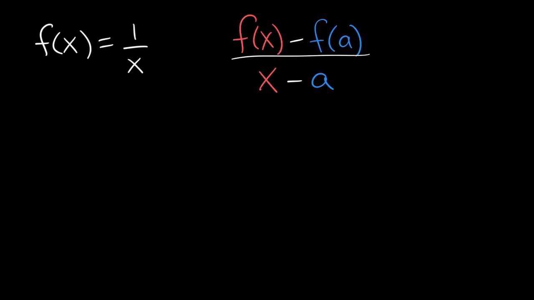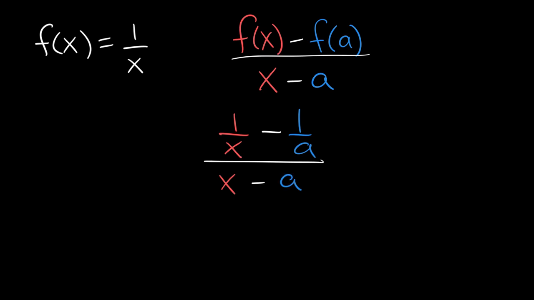Okay, so we have another kind of difference quotient, and our function is 1 over x. So this would start off with f of x is 1 over x, and then minus f of a would be 1 over a, and then this is all over x minus a.